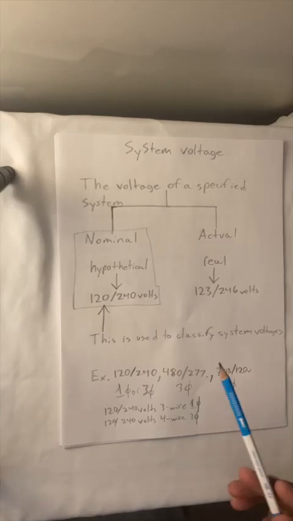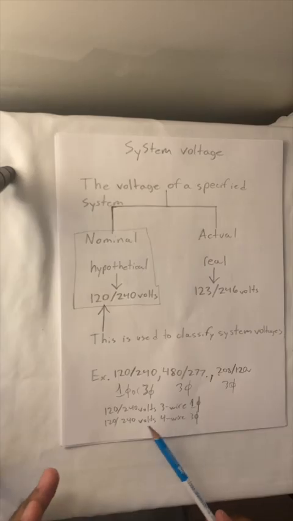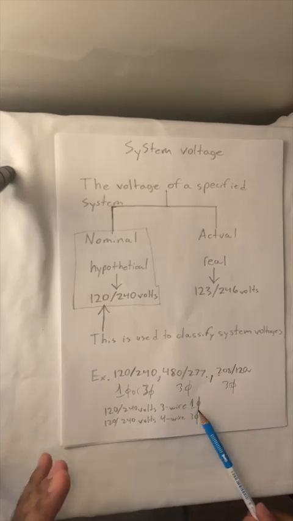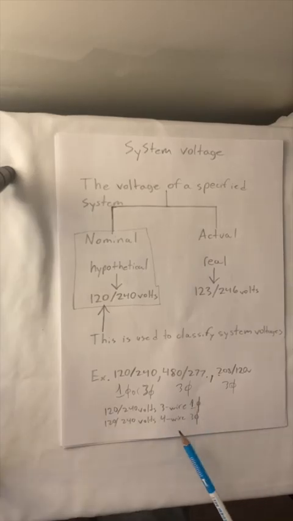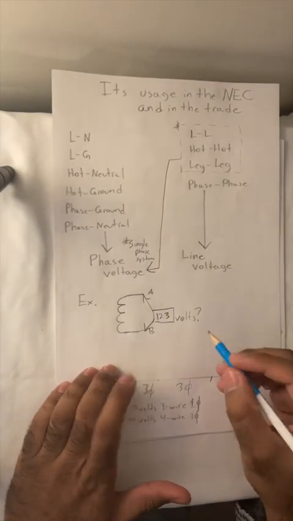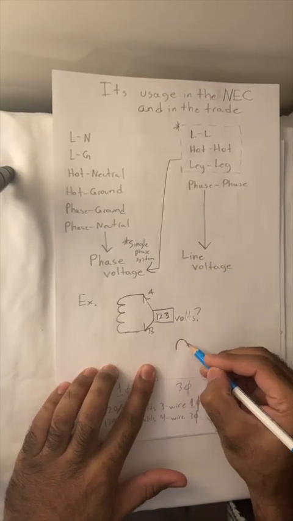It is important to know that the number of wires is not what determines what we consider phase. As you know, for example, we have 3, we have 4. It does not determine the number of phase. The number of wires is just, for example, as we mentioned here, for instance, a 120, 240 system.